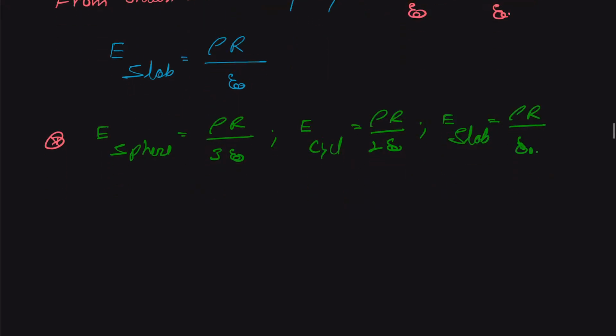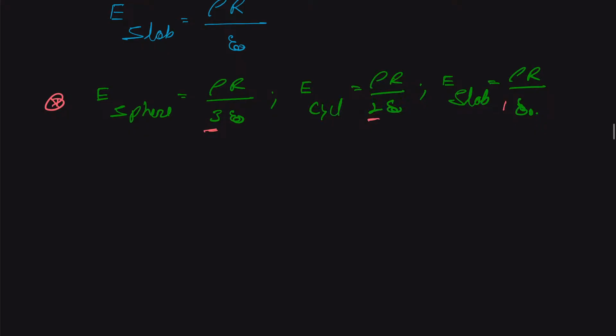If you look closely at the denominators, we can clearly see this is 3, 2, and here it is 1. And if you arrange these electric fields, we get that the electric field of the slab is greater than the electric field because of the cylinder, which is greater than the electric field because of the sphere.